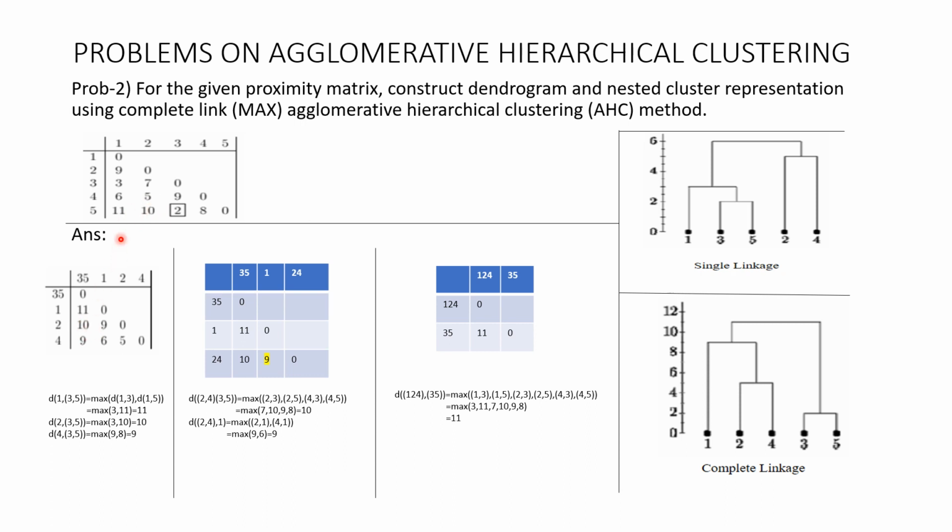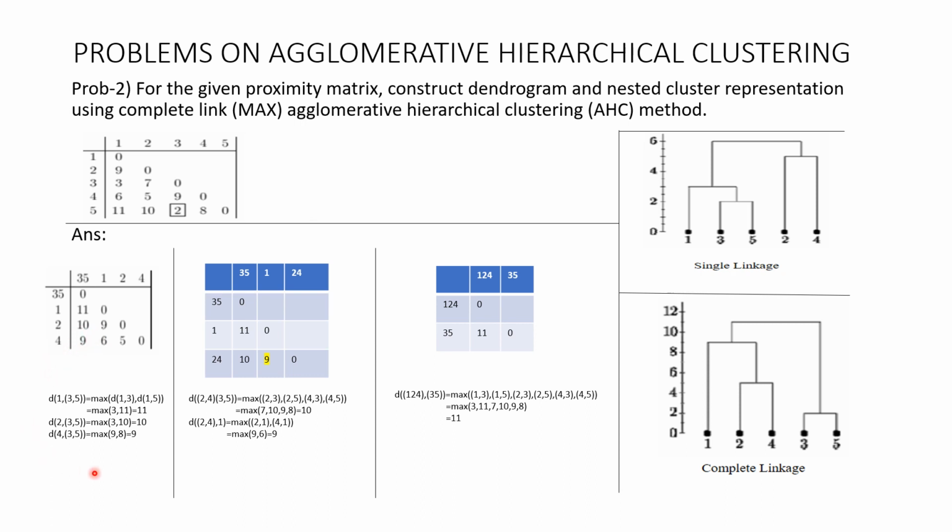Similarly, you continue like that. Next, you calculate the distance from 4 to 3, 5. It is the maximum of 4 to 3 or 4 to 5. What is 4 to 3? The distance is 9. The max of 9 and 4 to 5, or 5 to 4, which is 8. The max of 9 and 8 is 9. So 9 is substituted here.